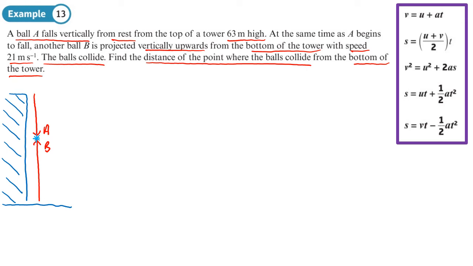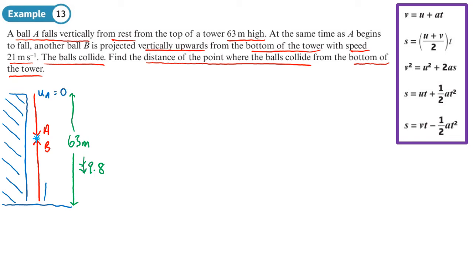We know that the height of the tower is 63 meters, like this. And we know that we have gravity going down, 9.8. A starts from rest. So here, and I'll put a little a there to show that we're talking about the initial velocity of A is 0.